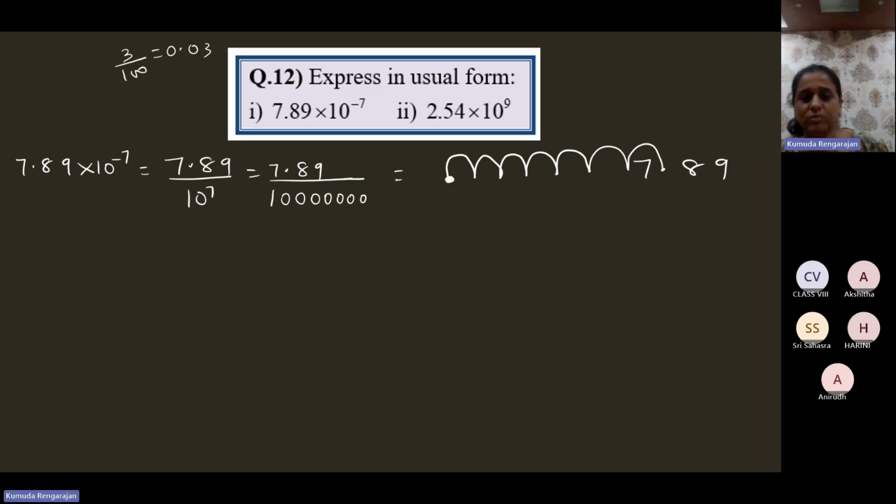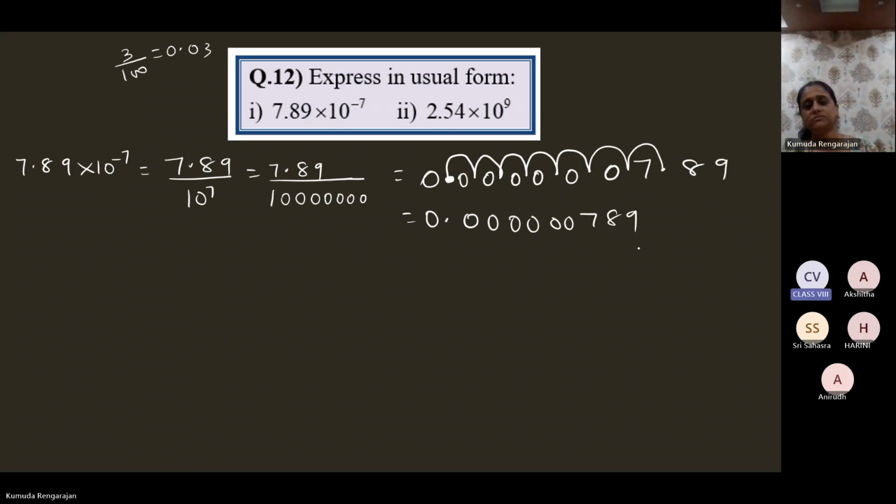It comes here. The decimal point is here. Now, fill these places with zeros. And of course, before the decimal point, you can put a 0. So this is the answer. It is 0.000000789. Yeah, got the same answer. Yes, ma'am.